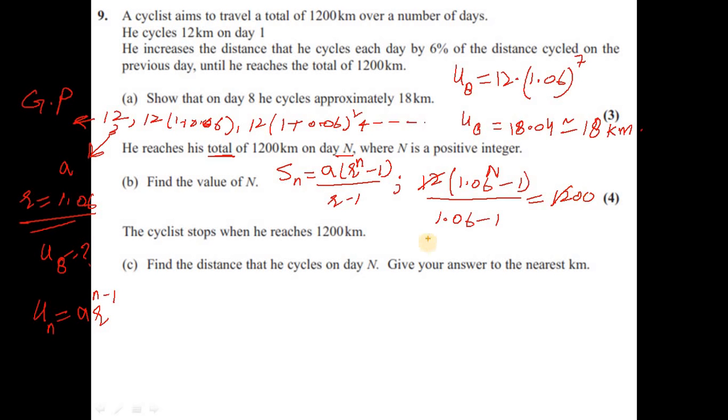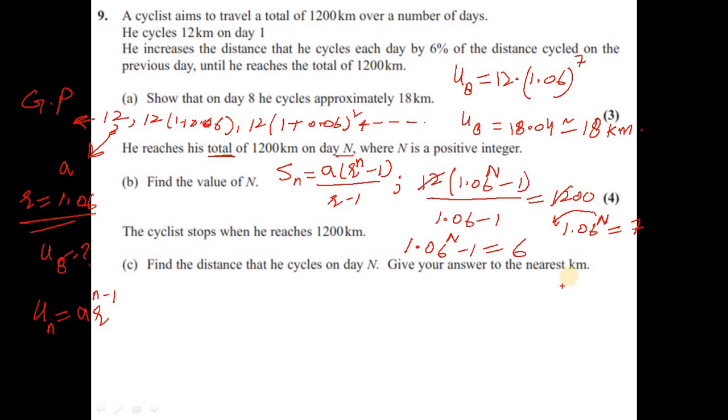So you have the equation 1.06 whole power n minus 1 is equal to 100 times 0.06, that means 6, and then plus 1 on the other side, so 1.06 whole power n is equal to 7. You need to find this n, which is in the exponent or power, so you need to bring this down, and we use the concept of log, so we apply log on both sides, log 10.